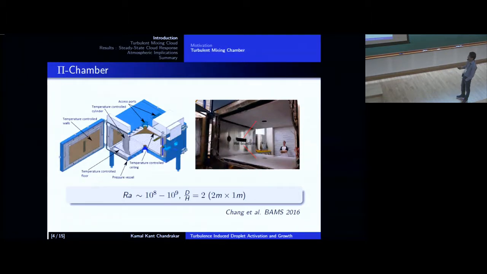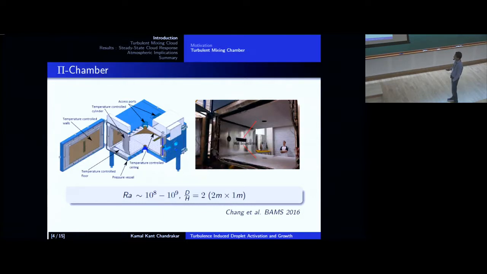We make the cloud by two means. One is adiabatic expansion, the other is Rayleigh-Bénard convection, or turbulent mixing. I'll just talk about how we make clouds using this Rayleigh-Bénard convection. We apply an unstable gradient between the top and bottom boundaries, and we make these boundaries saturated for moist convection.